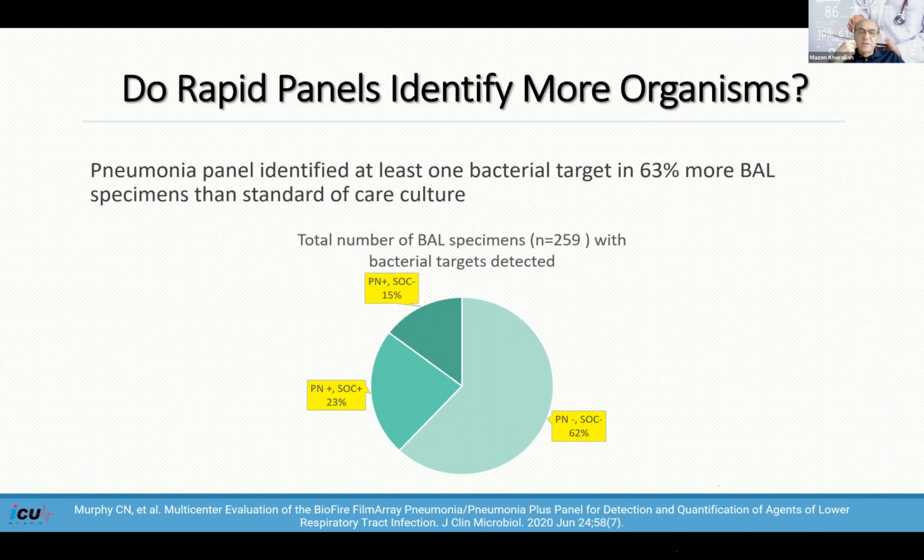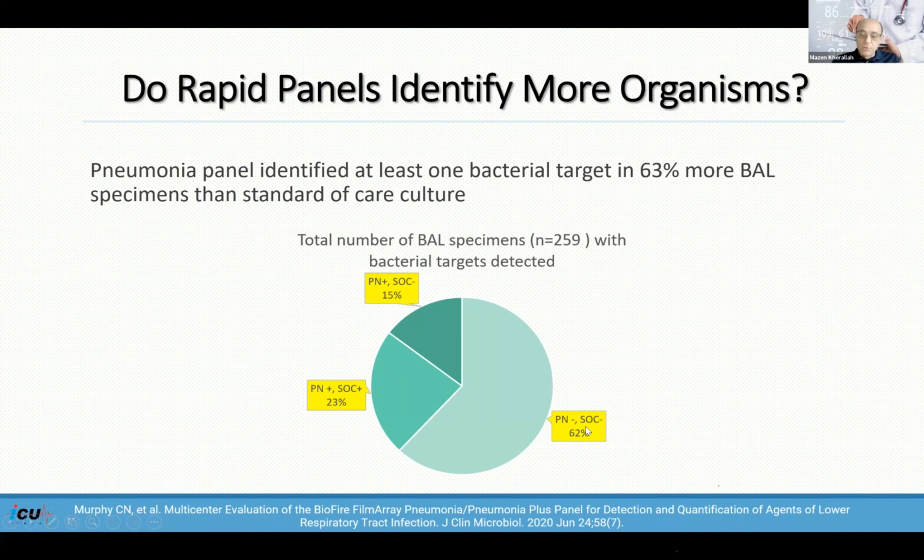It identified at least one bacterial target in 63% more of the BAL specimens compared to the standard of care cultures. You can see here, this is the pneumonia panel, the PN, and the standard of care. Those are the traditional methods of cultures.